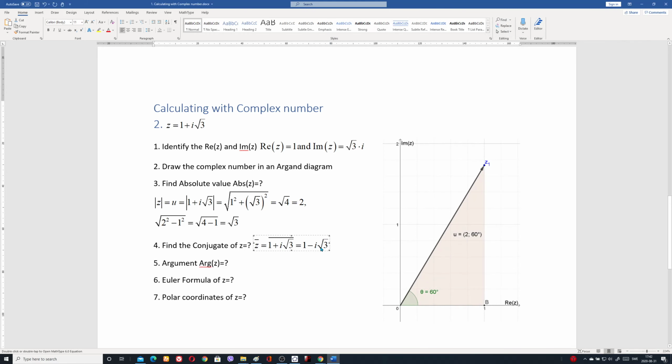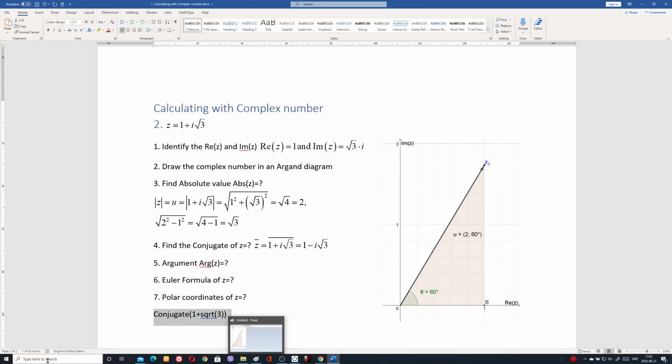Okay. So if I'd like to ask Wolfram Alpha, I must write conjugate. Let me do that. Control C here. I will put here conjugate of 1 plus square root from 3.